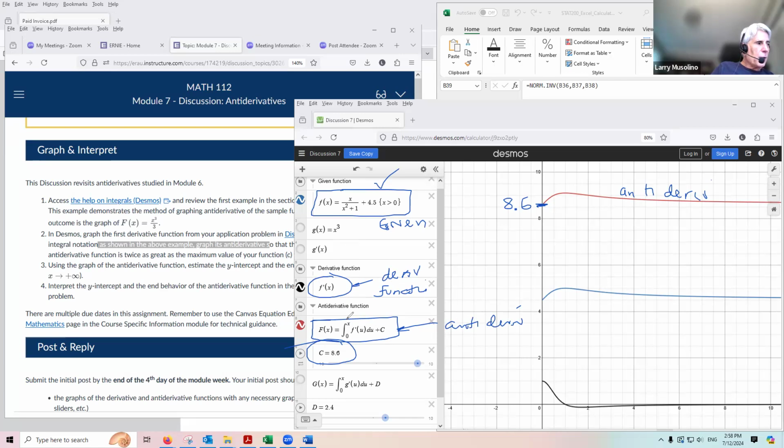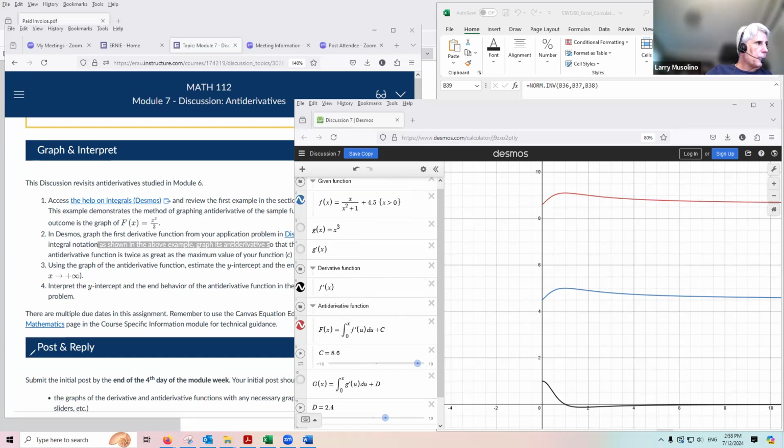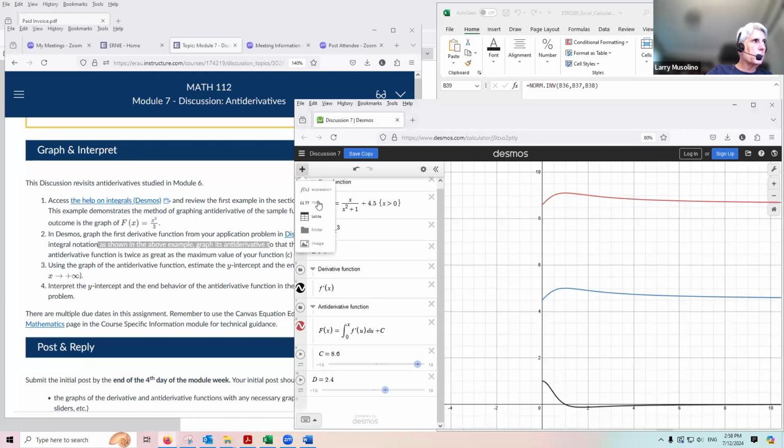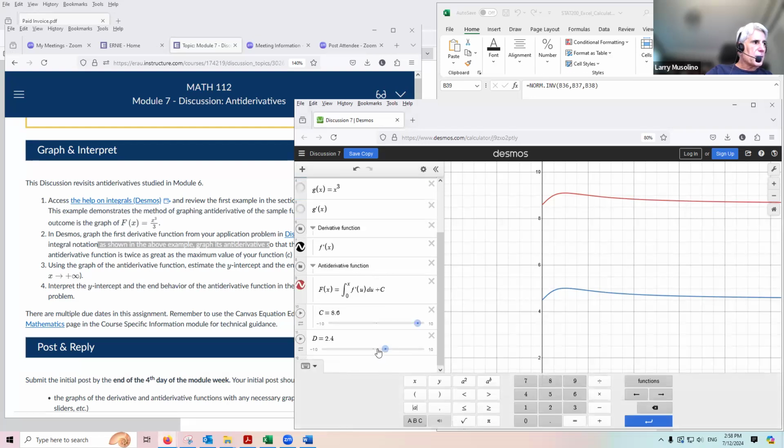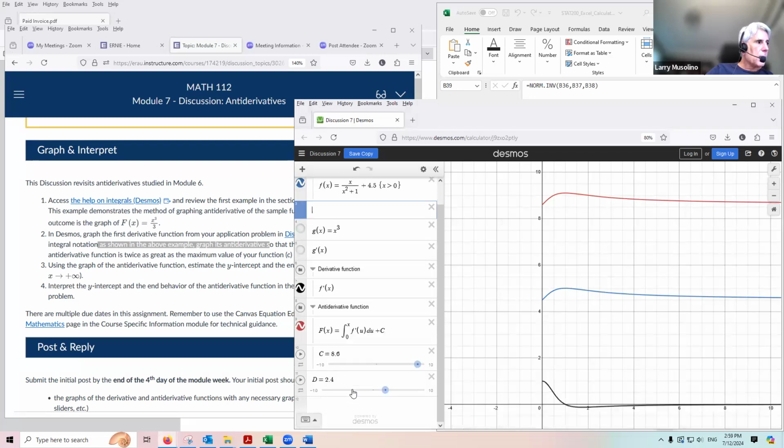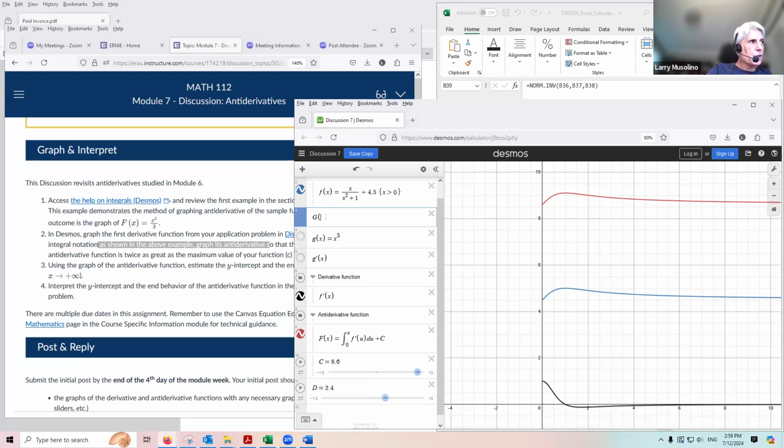And you might say, well, where do you get this fancy integration symbol from? Let me show you that. Get rid of all these. All you have to do is type in the word integral. So let me add something here. I'll just show you. Let's say you wanted to add in a capital G of x equals integral.